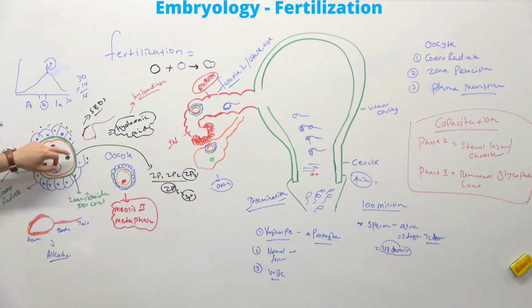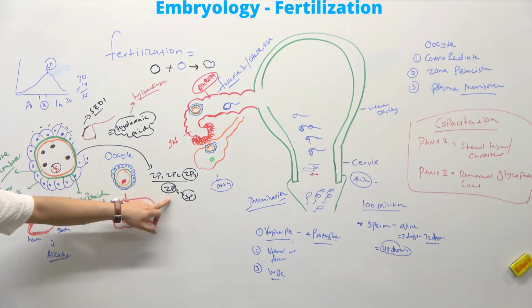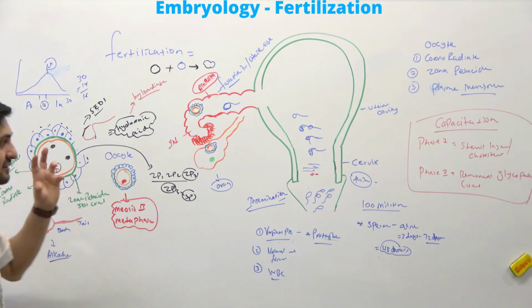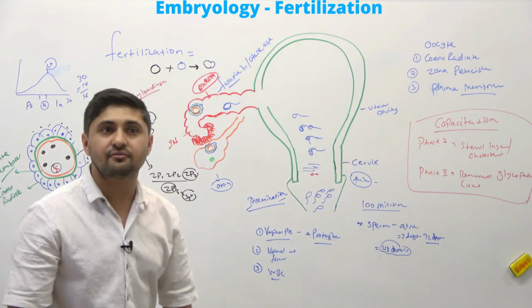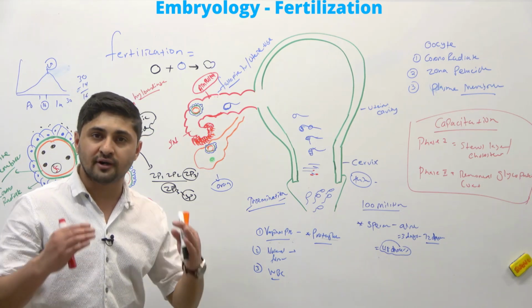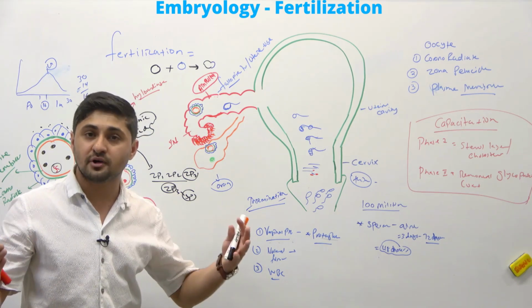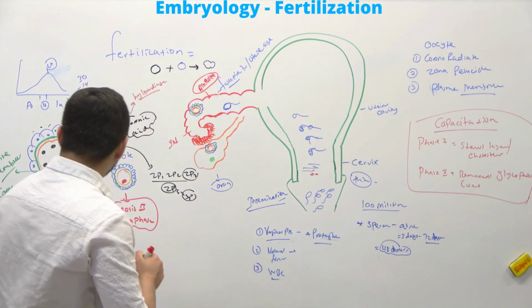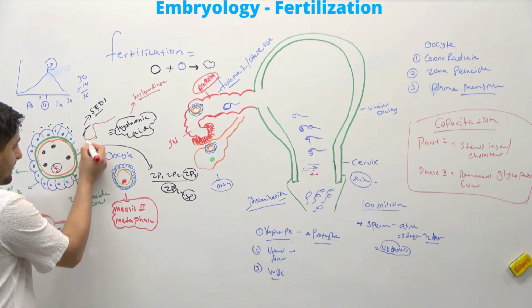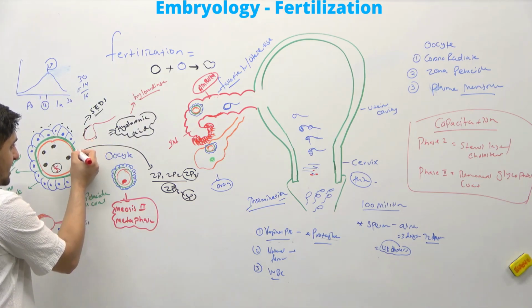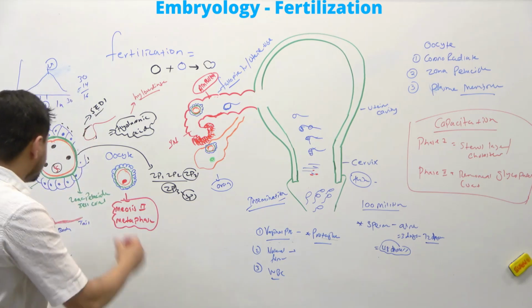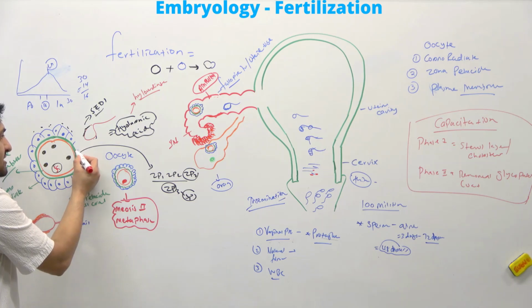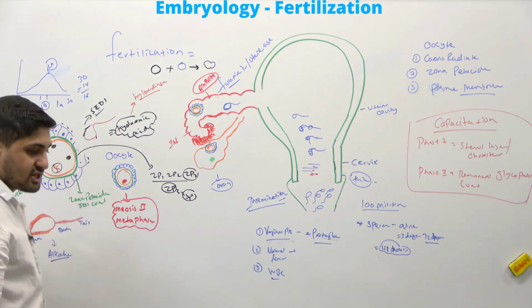When the sperm comes and SED1 fuses with the ZP3 receptor, you have to think that fertilization has begun. Remember, fertilization takes a 24-hour period of time. So whenever there is a fusion, you can simply say that fertilization has begun.